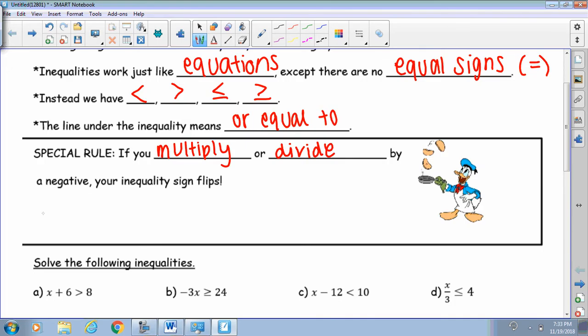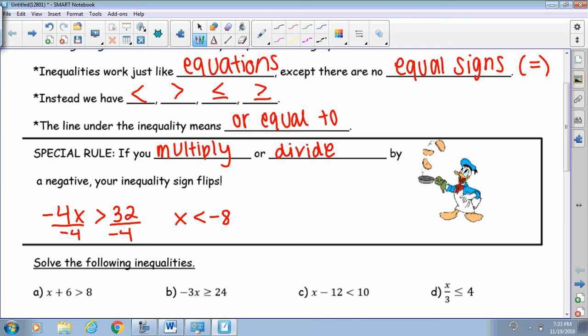For example, if I have negative 4x is greater than 32, and I know that I have to divide by negative 4, my new inequality will be x is less than negative 8.